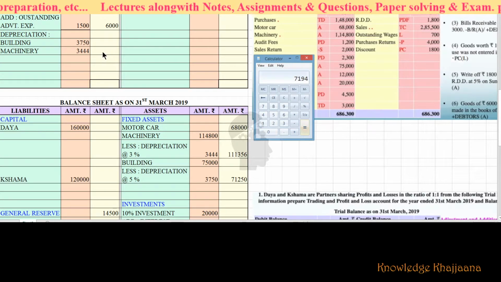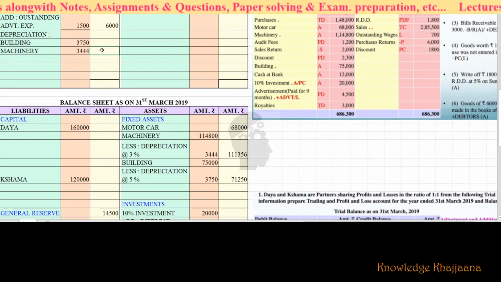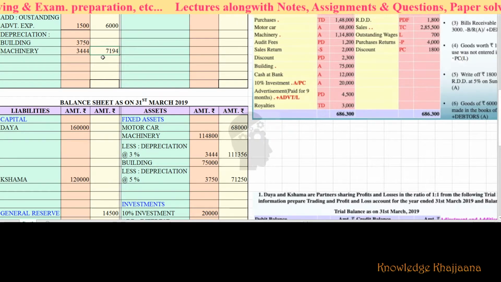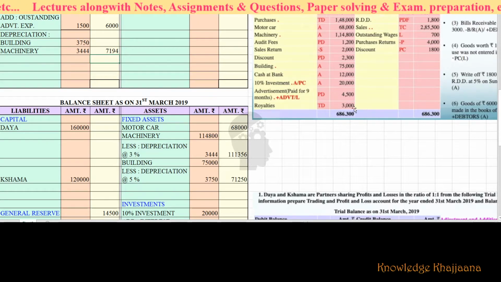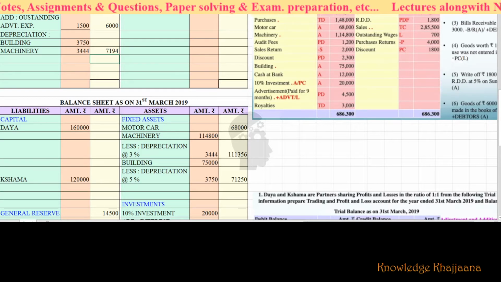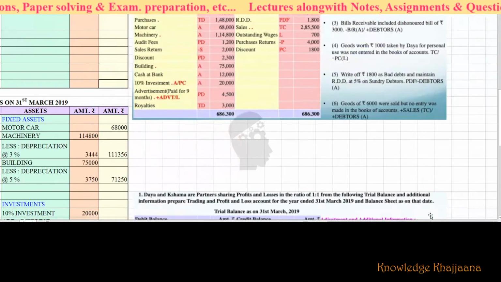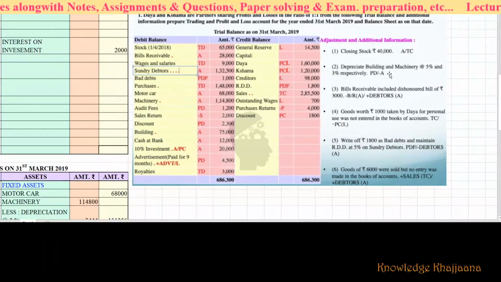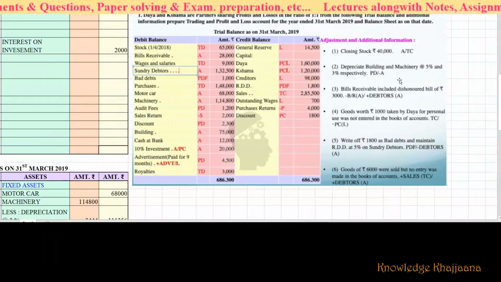The total is 7,194. Okay, so for this depreciation we have recorded two entries, right? Profit and loss account debit side, and we have deducted from asset.